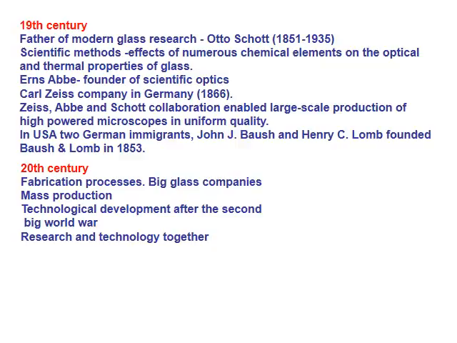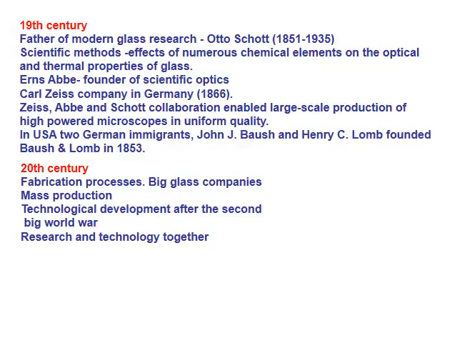Zeiss was an optical and precision mechanics specialist and founded an optical workshop in Jena in 1846, producing microscopes. In 1866, Zeiss met Ernst Abbe, who became a partner of his business in 1875.